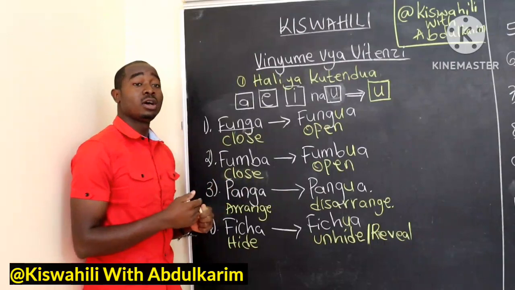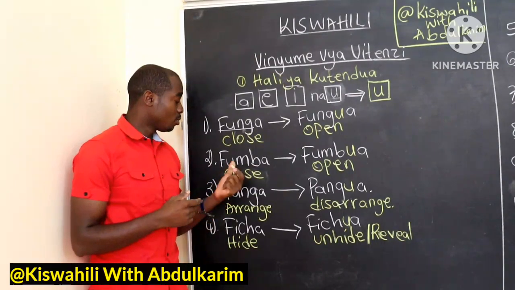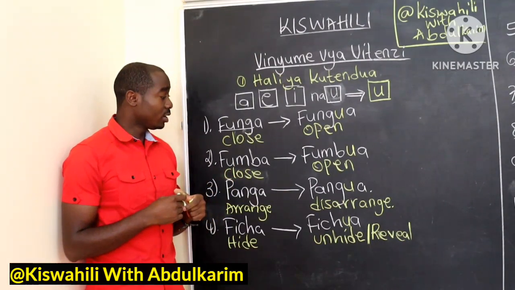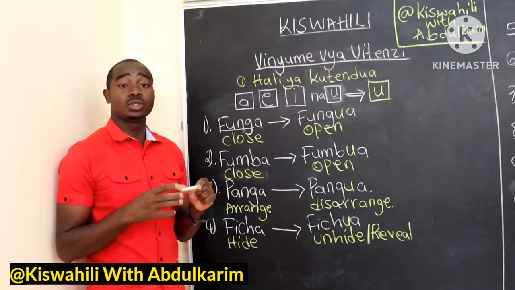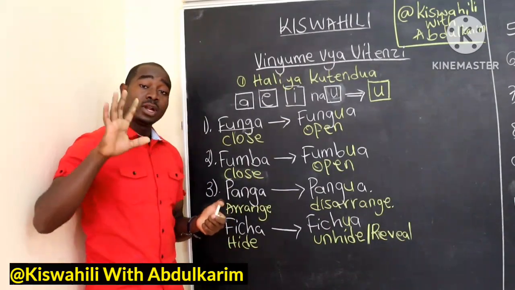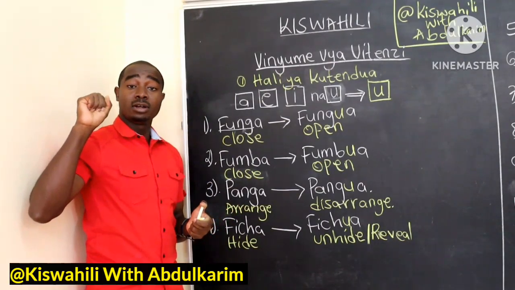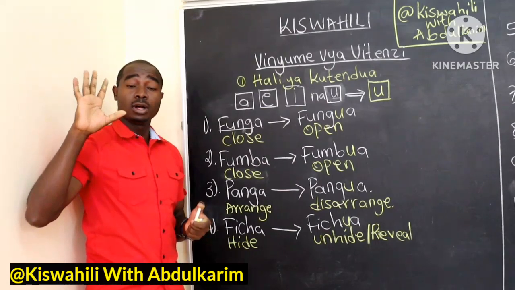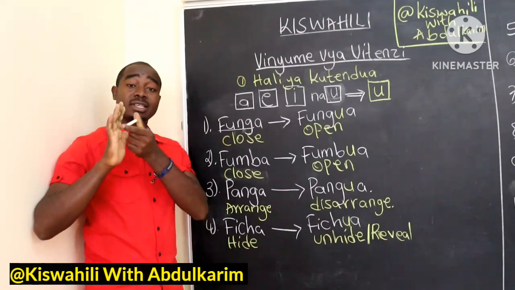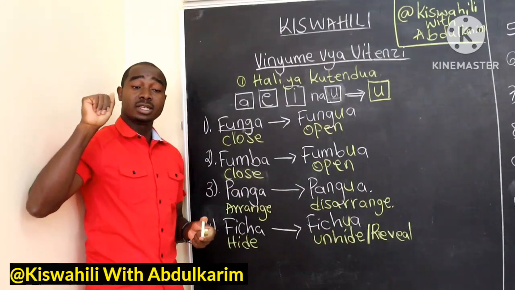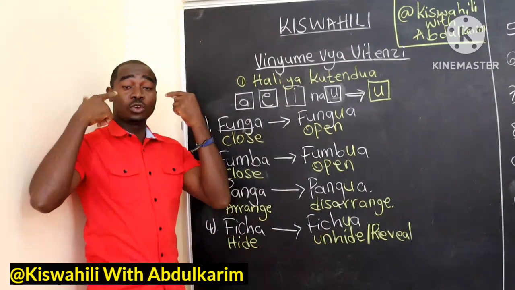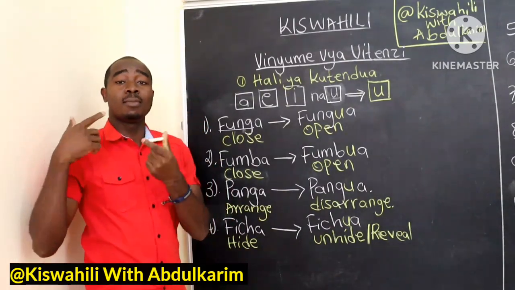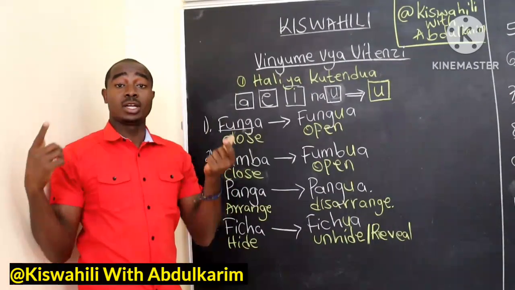But this fumbua, the use of this fumbua is normally limited to some things only. Like you can say, when I do this, nimefumba mkono, fumbua. Fumba, so this part is kiganja. I can say fumba kiganja, fumbua. Also when you close the eyes, we say fumba macho, fumbua macho.